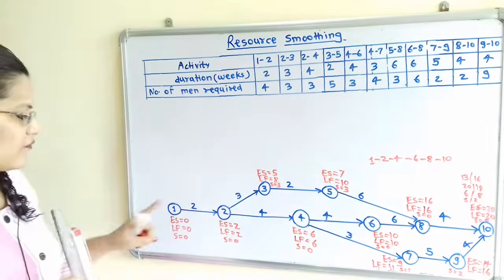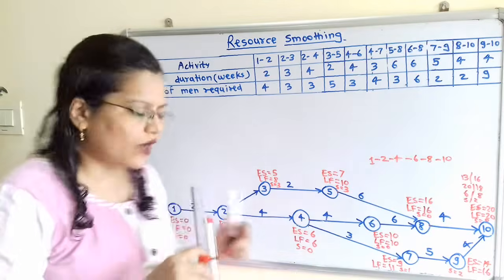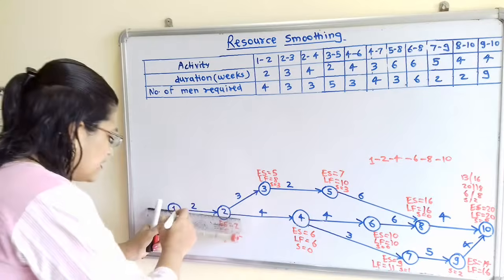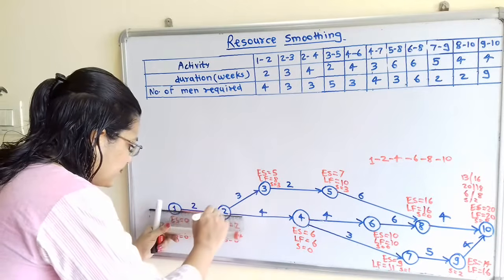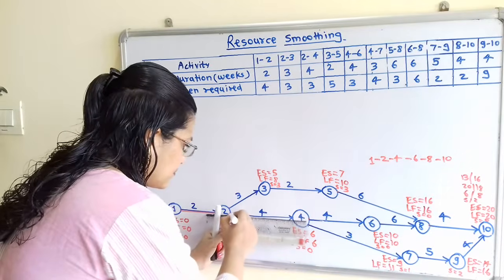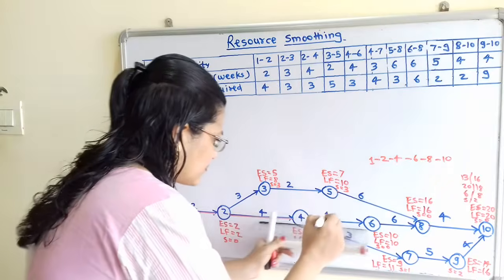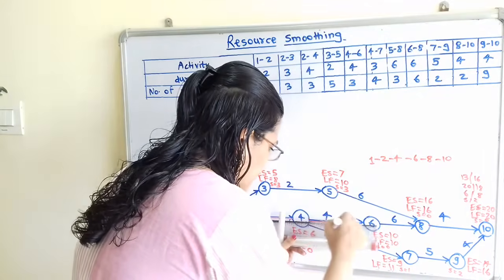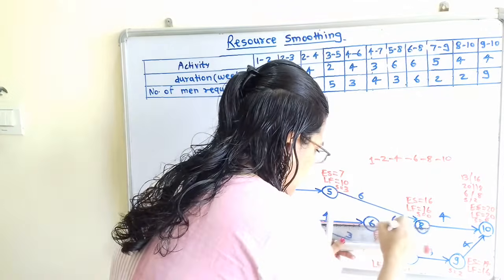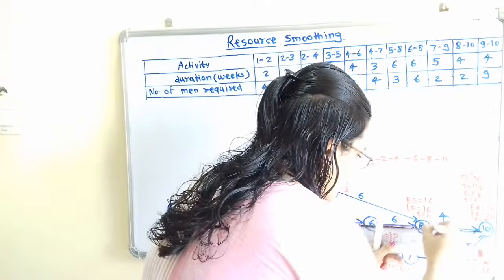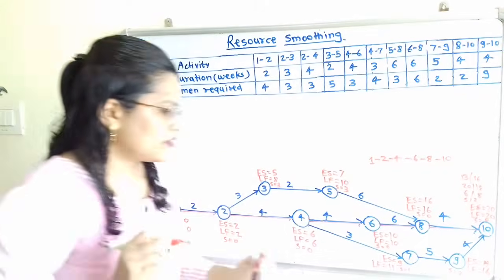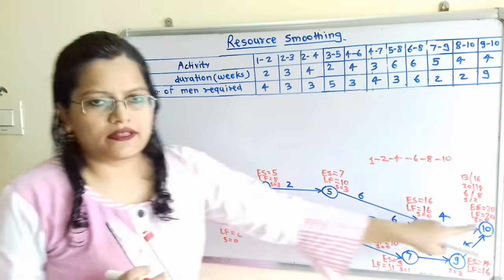So these are the nodes that we have to connect for which slack is 0. So I will connect with the red marker. So this is the critical path.